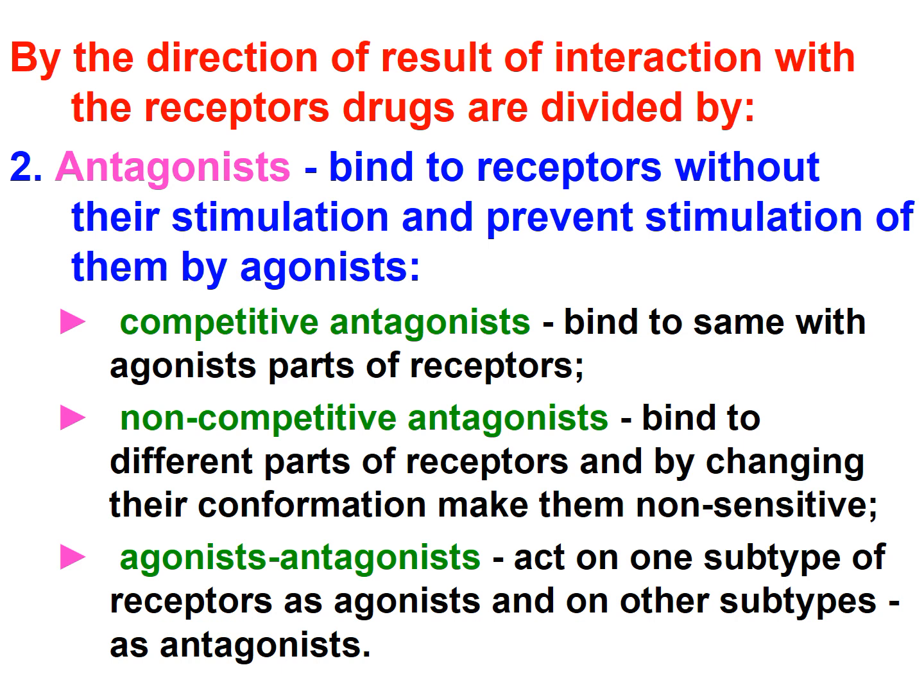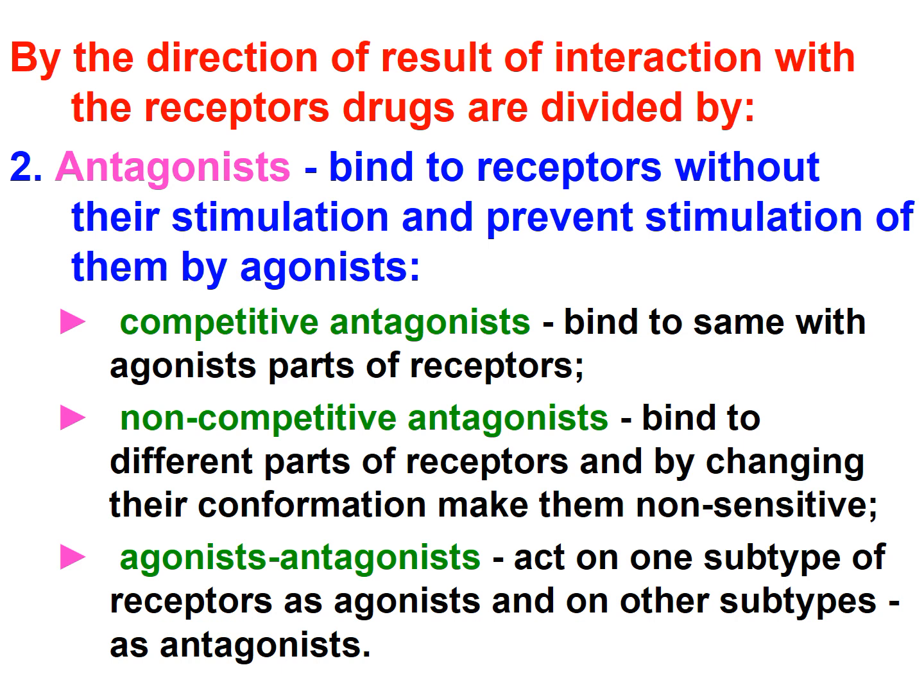The second type of antagonist is non-competitive antagonists. They bind to different parts of receptors than agonists, and by changing the conformation of the receptor, such kinds of antagonists make them non-sensitive to agonists. And the third type is agonist-antagonists.